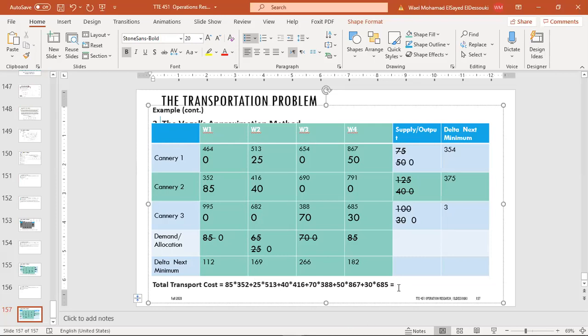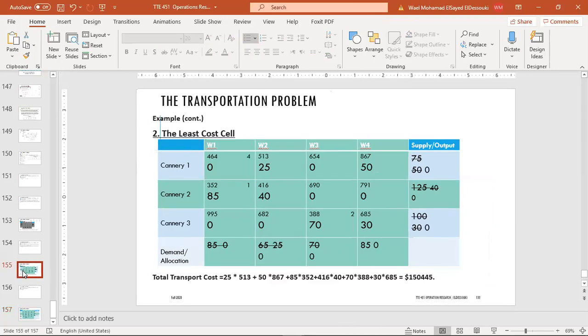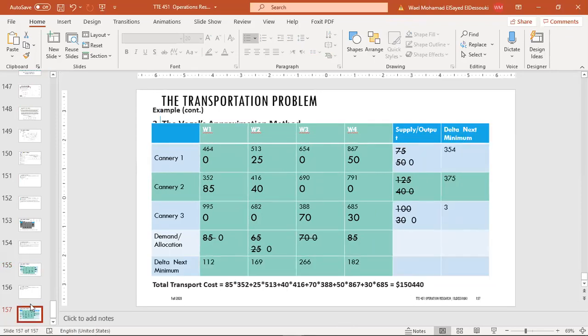$150,440. Yes. Okay. Look, here we ended up with the same solution.